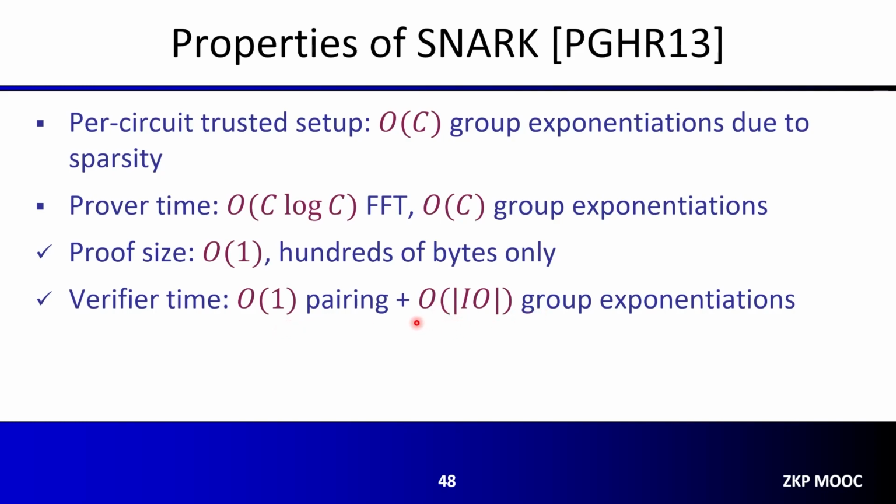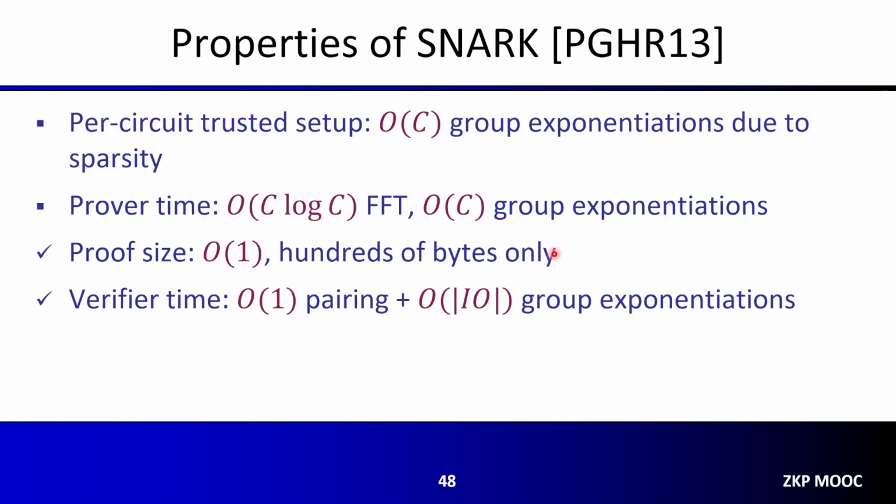But to be precise, the verifier also has to compute the linear number of group exponentiations in the number of public input and output. So in practice, this part can be a little bit more costly for the verifier, but there are additional optimizations to further improve this part. For example, if your input and output is really big, you can actually compute the hash of these input and output inside the SNARK.